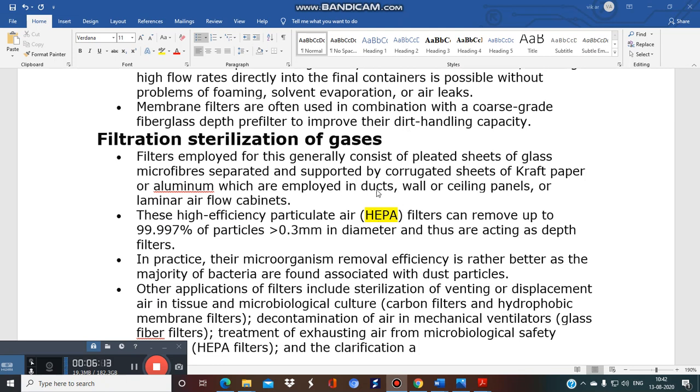To sterilize the air, we use HEPA, meaning high efficiency particulate air filter. This is the full form of HEPA. It has the capacity to remove up to 99.997% of particles of any microorganism whose particles are greater than 0.3 micrometers in diameter.